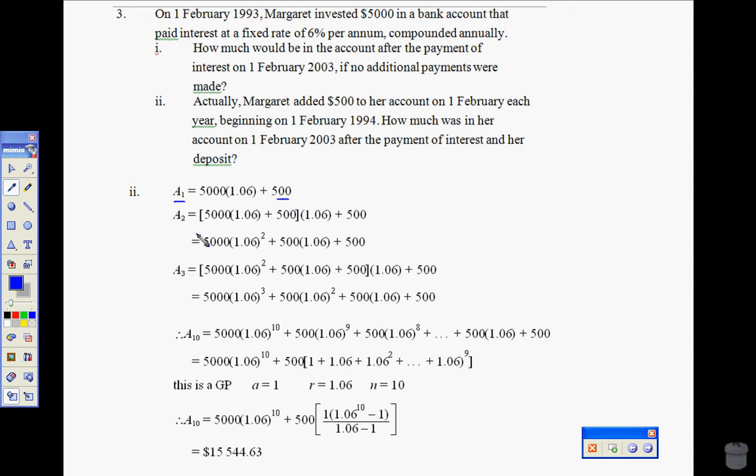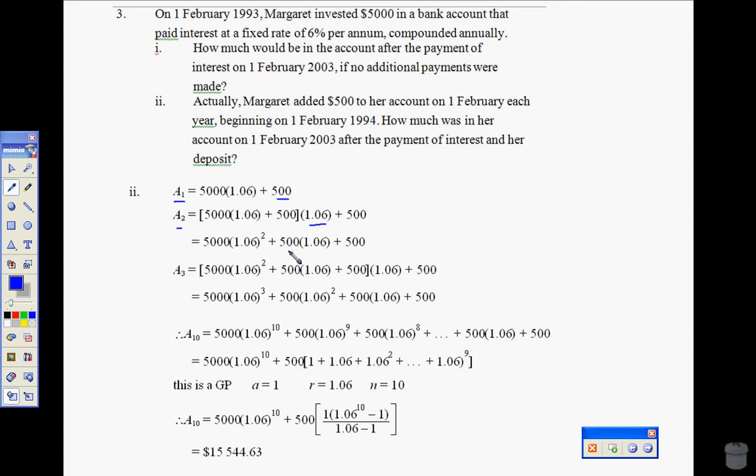Then at the end of the second year, the amount that she put in has interest applied to it, and then she puts in another $500. So notice our pattern's looking a little bit different. Our 5,000 times 1.06 squared is separate this time. It's just a one-off amount.